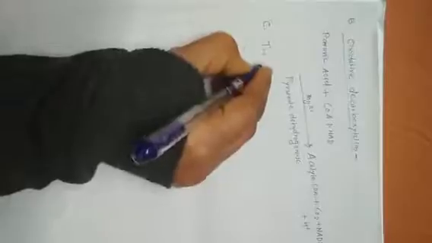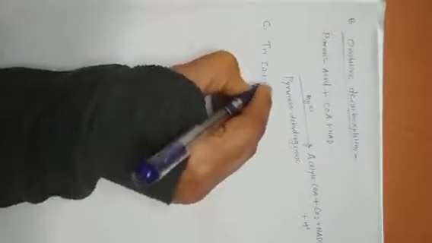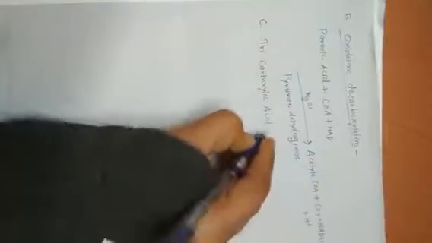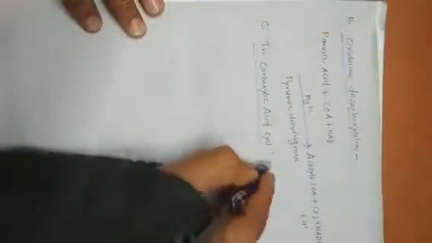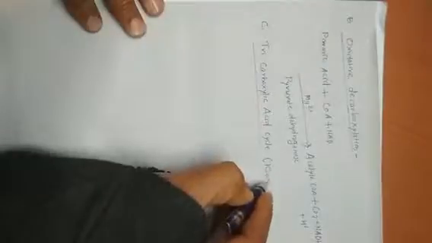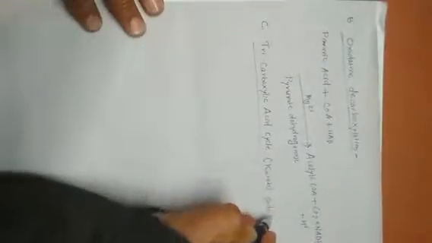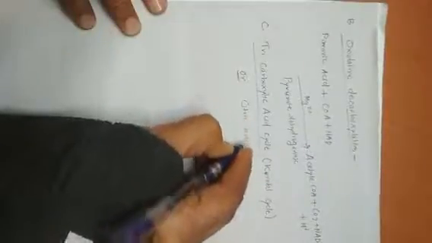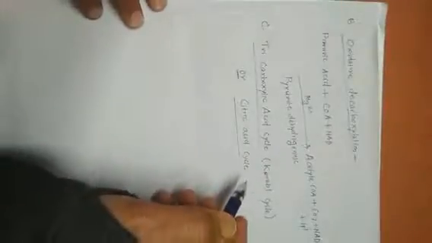Tricarboxylic acid cycle, also called the Krebs cycle or citric acid cycle.